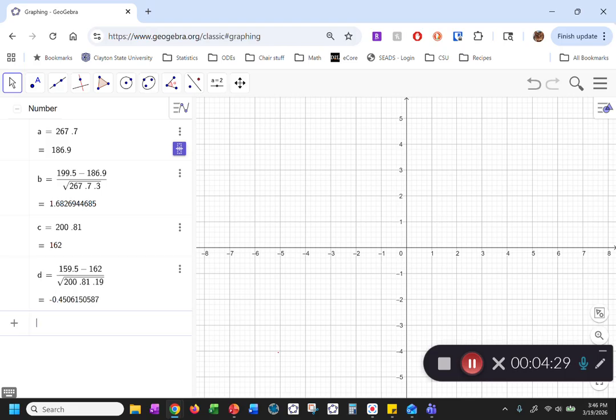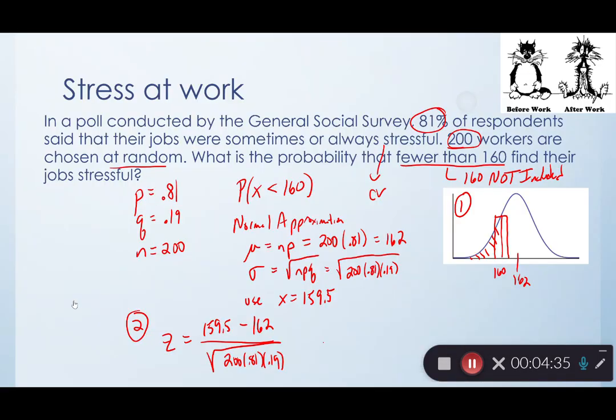So our z-score is negative 0.4506. That's a good place to leave it. So what's the probability that our sample of 200 workers will have fewer than 160 who say their job is stressful? We've got to go look that up.